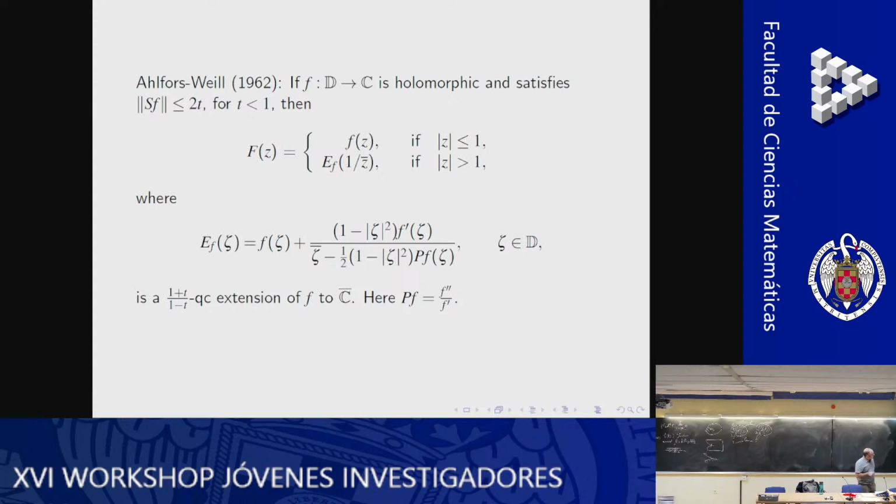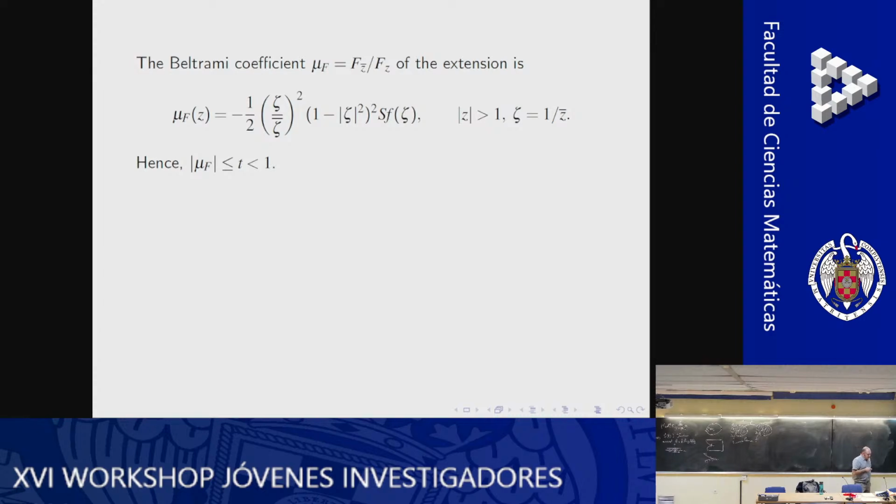See here in this formula, I have the pre-Schwarzian derivative defined here of f. Now, there are many explanations for understanding this formula. We'll see 3 out of the 4 that I know. But first, let me show you the idea of the proof very quickly. What they do is to compute the Beltrami coefficient of the extension outside of the disk. The Beltrami coefficient is almost the dilatation.